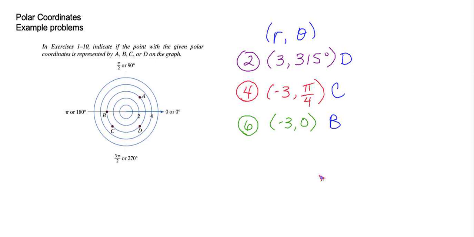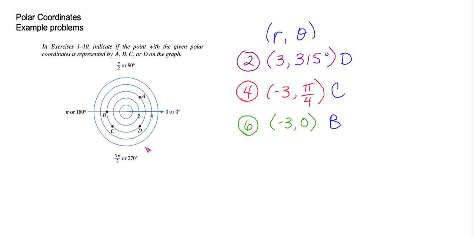Now, one more thing that I think we can do that will help us make sure we understand the difference when r is positive and r is negative is to look at other ways to name these points. For example, if we start with point D here, what would be another way to name D? We named it with a positive 3.